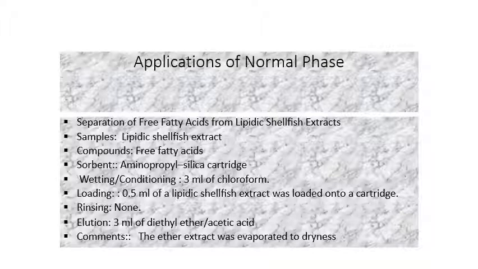Comments: the ether extract was evaporated to dryness for 10 minutes at 45 degrees Celsius under a nitrogen stream, and the residue was then reconstituted in 3 ml of 70 to 30 volume by volume methanol chloroform prior to LC-MS analysis, meaning liquid chromatography mass spectroscopy analysis.